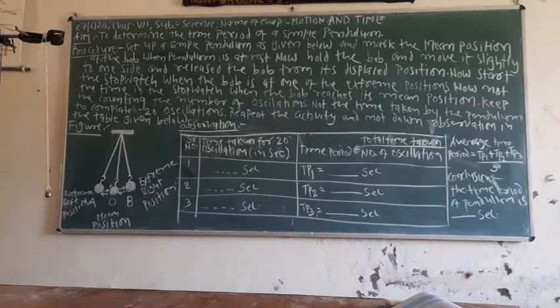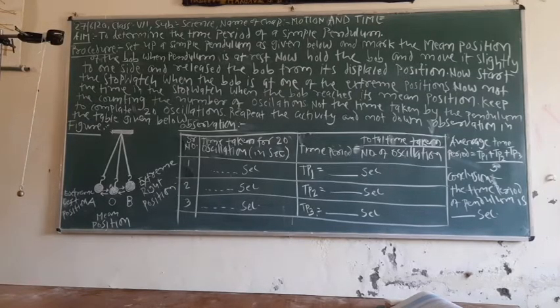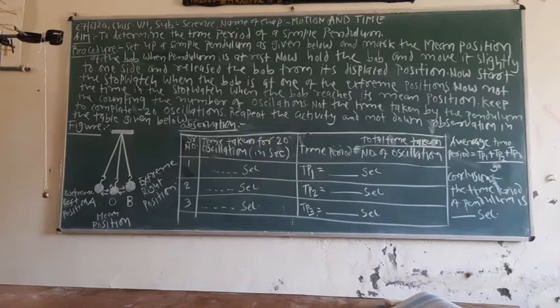That is serial number, time taken for 20 oscillations in seconds, and we calculate the time period, that is total time taken upon number of oscillations.